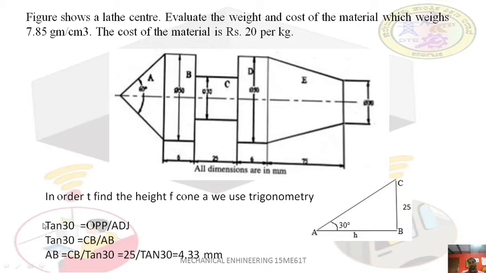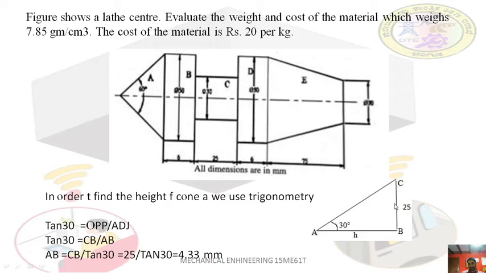So if you go for tan theta, tan theta is equal to opposite by adjacent. Tan theta we know, theta also we know, and the only unknown is the adjacent, so we can use tan theta for finding the length of AB. Here opposite is CB, 25, and the adjacent is AB, because the angle is given here.